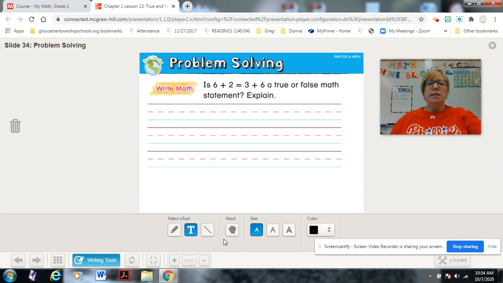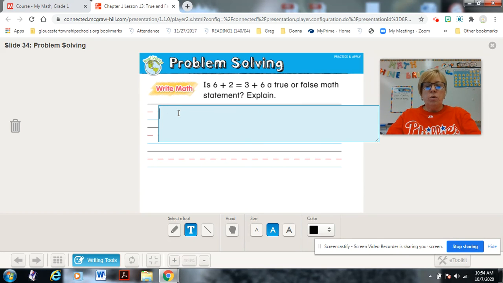So first, let's look at 6 plus 2. Use your counters. What does 6 plus 2 equal? All right, so 6 plus 2 equals 8, right? Okay, so that's the first one. Now, I'm writing it here, but over here, if I were you, I would take my pencil and print the number 8 right over that.